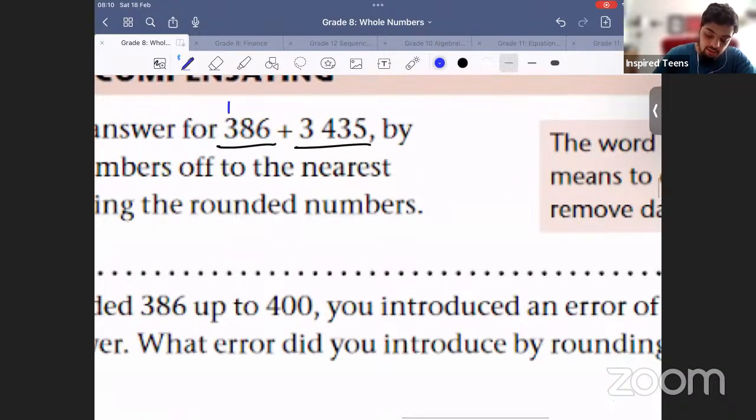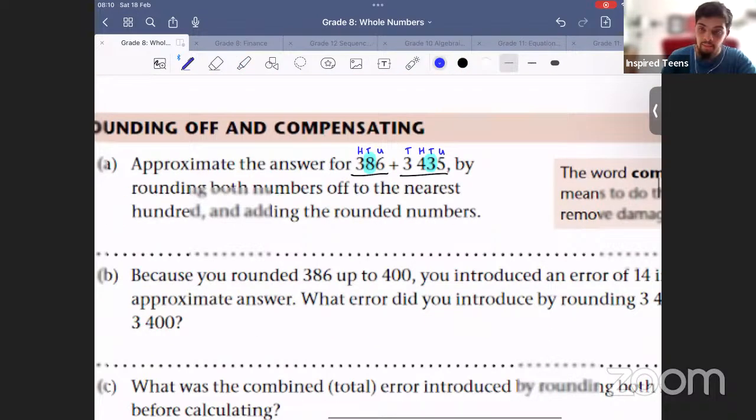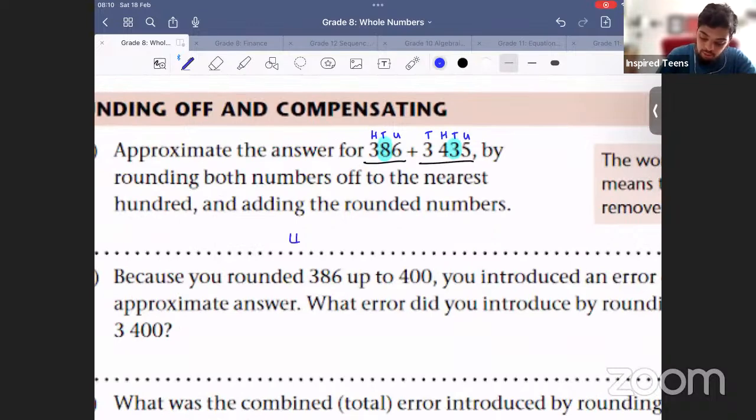In this case, I have 100 tens units, 1,000, 100 tens units. So what I need to do is I need to look at the tens in order to round it off to the nearest 100. So 386 is going to round up to 400 and 3,435 is going to round down or stay the same as 3,400, because 3 is between 0 and 4.